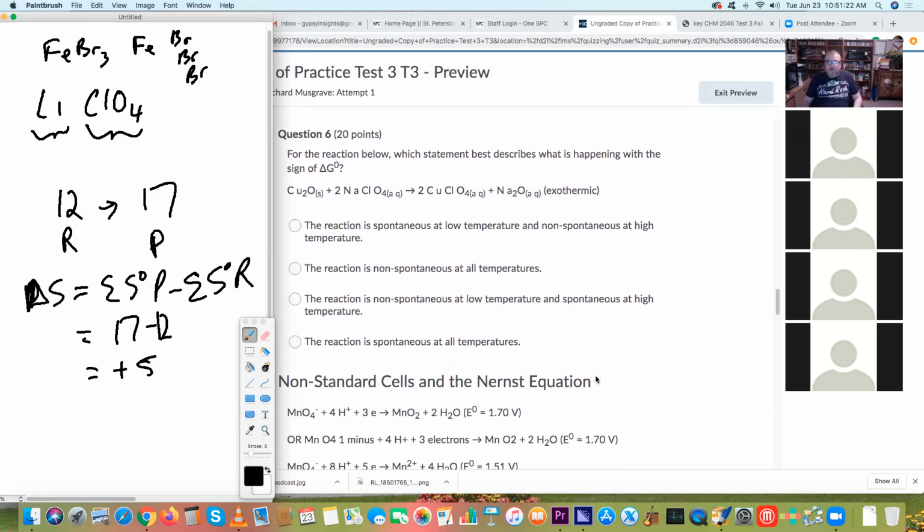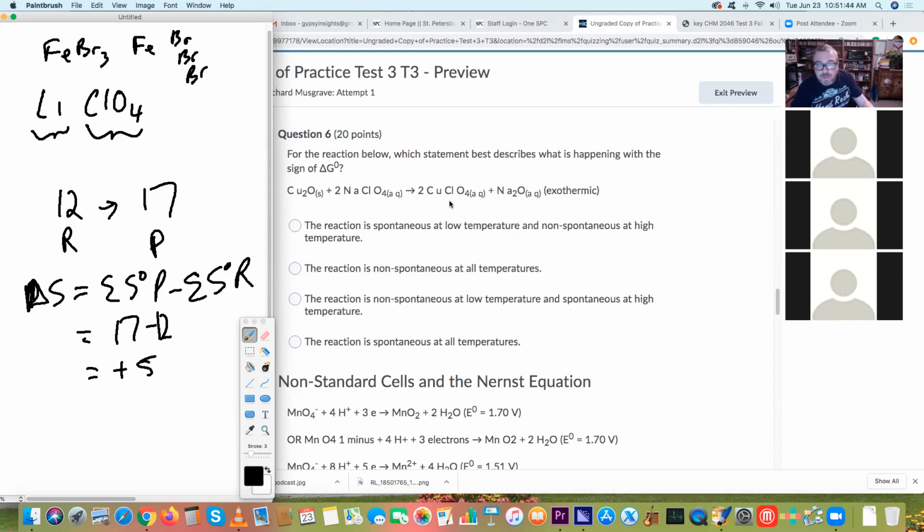You're doing something similar there, except in this case, you're just really trying to determine the signs of delta S and the signs of delta H, which you can figure out. Delta H you get from here, whether it's exothermic or endothermic. And for delta S, you'll look at the number of particles on each side and say which side has more particles.